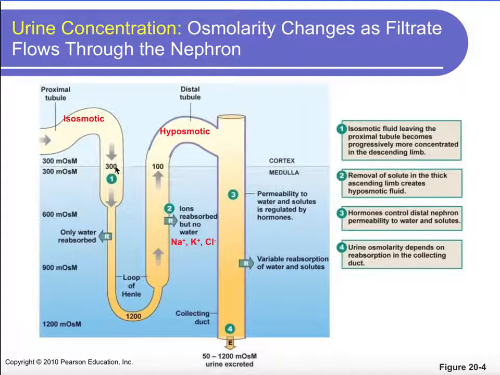Now, as we go down the loop of Henle, and remember the entire loop of Henle we reabsorb, but we actually reabsorb different things in different parts of the loop of Henle. So in the descending limb of the loop of Henle, we will reabsorb only water. So now if you think about that, if our filtrate in the lumen of the nephron is losing water because it's getting reabsorbed back into our blood, we are only losing water.